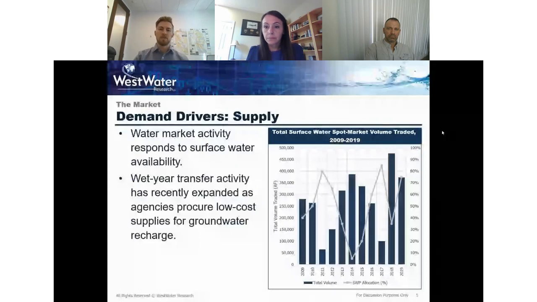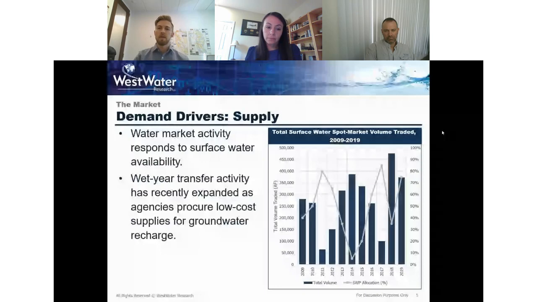Now, there's a number of different drivers of demand within the water market and drivers for transfers. I'm not going to go through all of them here today, but one of those is, of course, supply. What we see is that the water market really responds to water supply availability in the surface water systems. So in years that are relatively dry, the volume of transfers tends to be much higher versus in average and wet years.